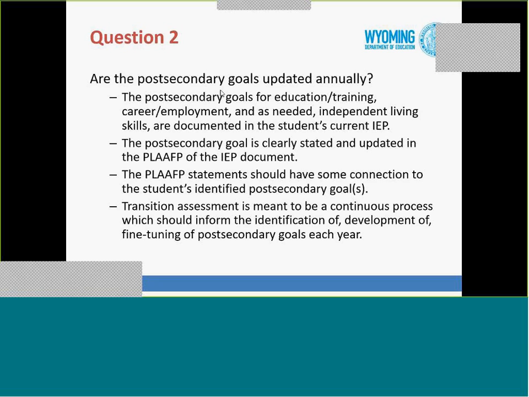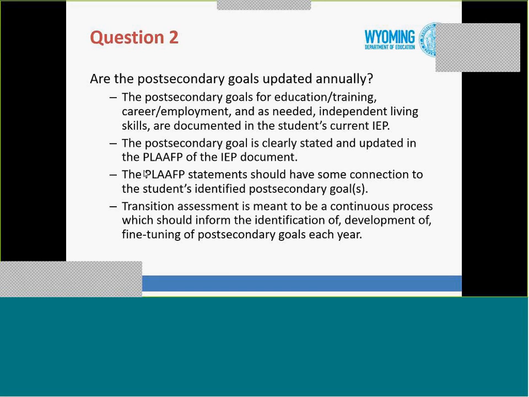Question 2 on the checklist is, are the post-secondary goals updated annually? The post-secondary goals for education, training, career employment, and as needed independent living skills are documented in the student's current IEP. So if they're in the current IEP, we do know that it has been updated annually.